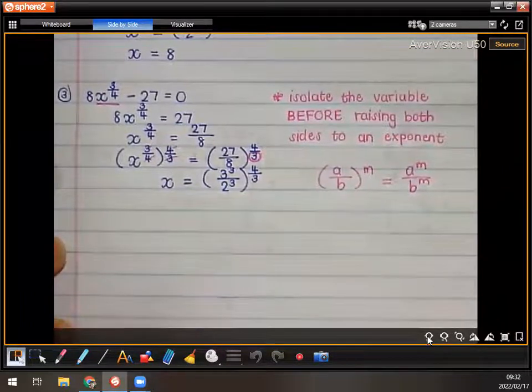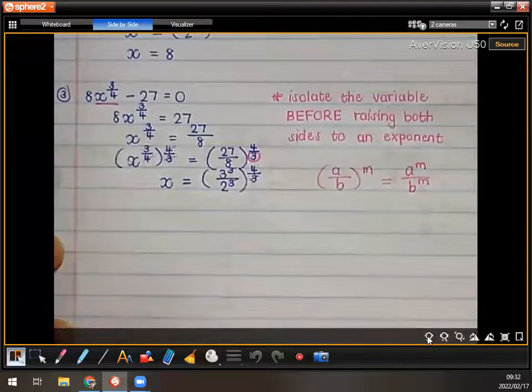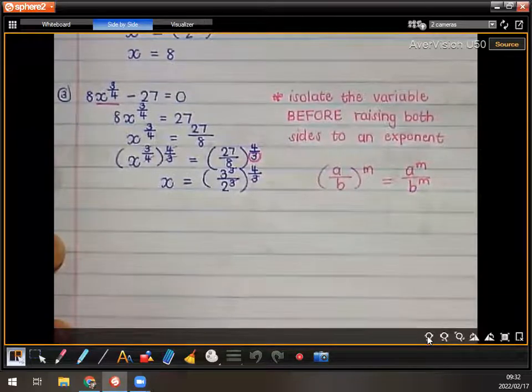In both cases, the 3's are going to cancel out. Okay, so you write both of them with an exponent. Those will cancel out the denominator.